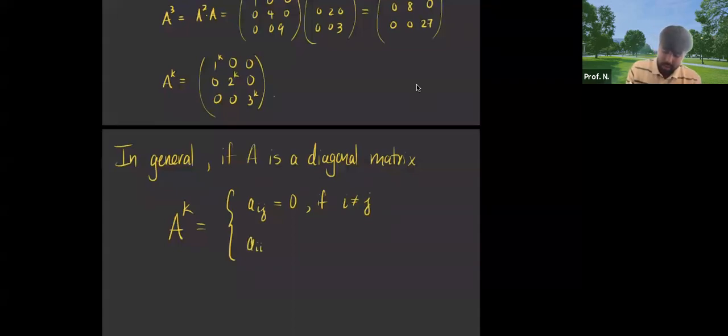And the entry in the ith row, jth column is a_ii to the kth power if i does equal j. So these are the diagonal entries, and these are the entries off the diagonal.